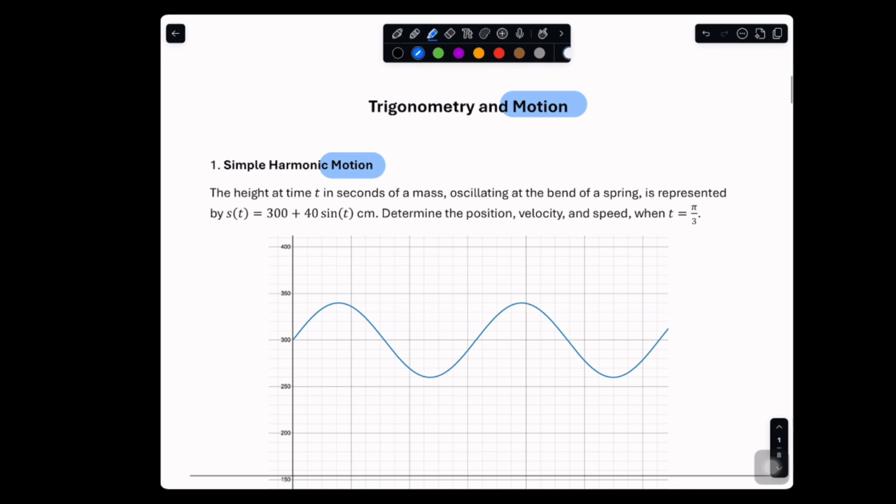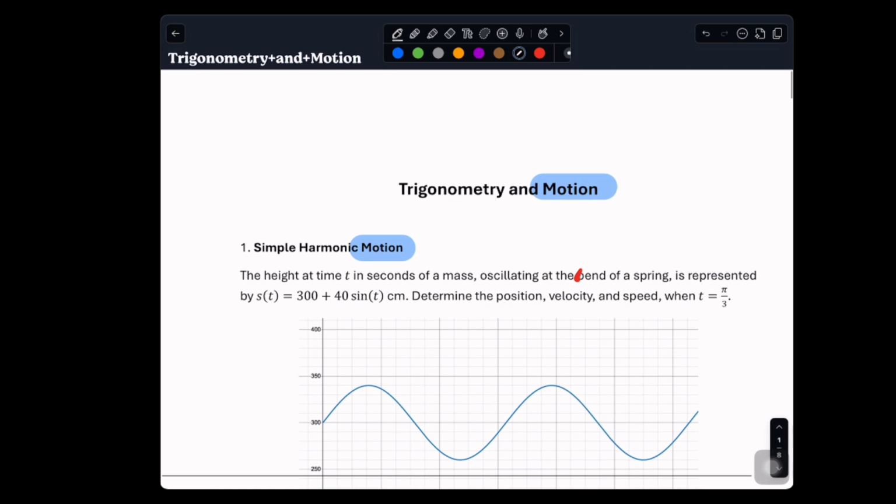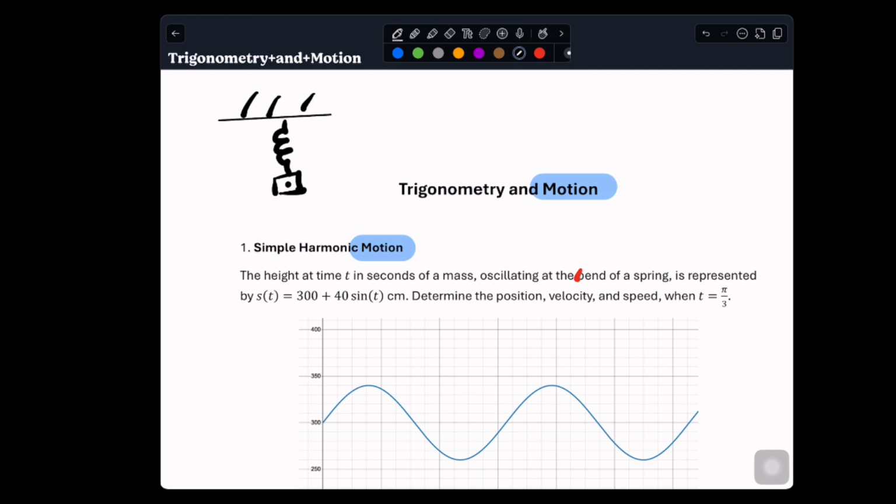Now, here's a graph that represents the height of a mass at time t, and it's oscillating at the end of a spring. It's a very, very famous simple harmonic motion setting, right? It could be vertical, up and down, or sometimes they put a wall there.